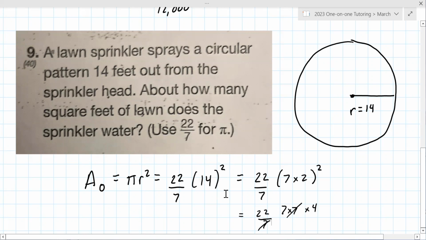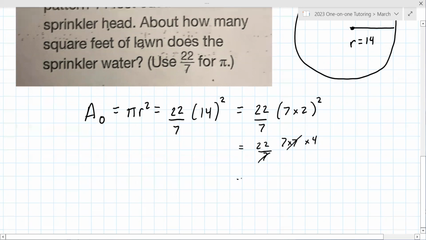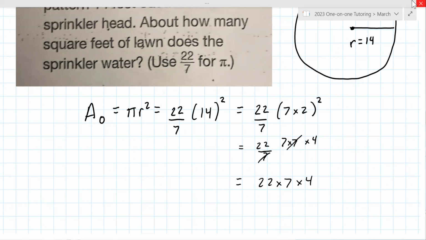Are you allowed to use a calculator? No. So I'm trying to save you from that. You should divide before you multiply. That saves you some heartburn when you do this. So now you just have to multiply 22 times 7 times 4, which is a little bit more doable than multiplying by 196 and then dividing by 7.